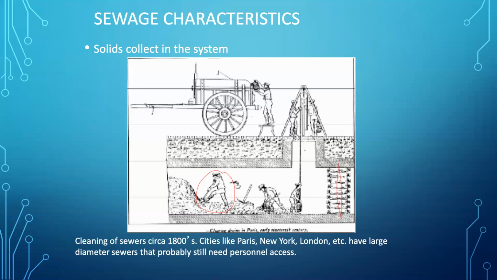So the comments I'm about to make are supposed to be somewhat humorous. You'll notice that in the 1800s, the confined entry rules were a little different than they are now. Because in this case, we have 1, 2, 3 people underground, and we have 1, 2, 3 people above ground. This dude here is doing nothing, so that must be a supervisor. This guy's pulling the buckets up, handing them to him.